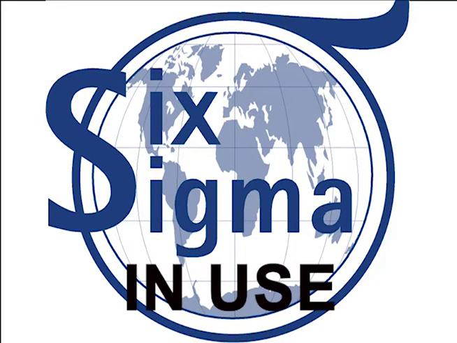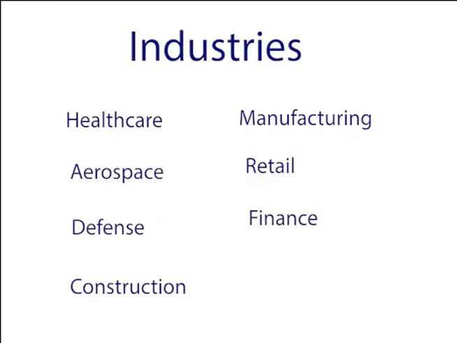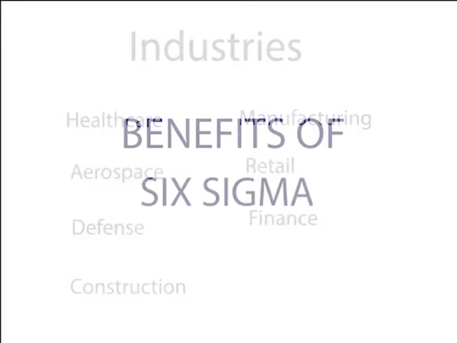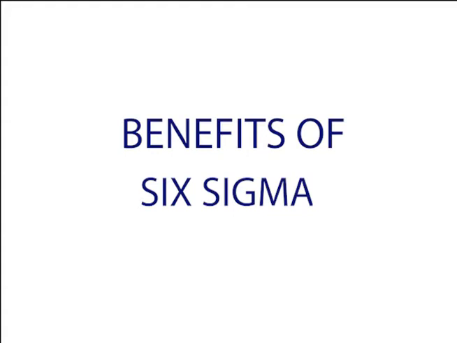Six Sigma has been used successfully across several industries. They include healthcare, aerospace, defense, construction, manufacturing, retail, and finance. We will cover some of the benefits Six Sigma has been credited for in IT, healthcare, manufacturing, and business.